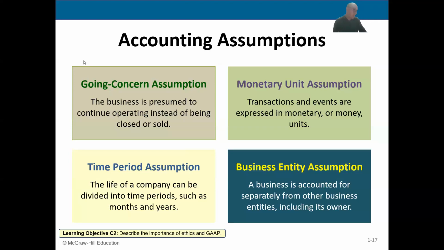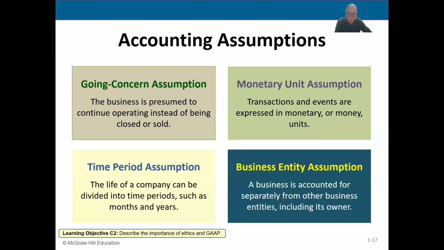Assumptions. As I mentioned, there's four primary assumptions in business. One's called the going concern, that tells us how long the business should operate. Monetary unit is what type of currency is the business in? Is it US dollars? Is it peso? Is it euro?